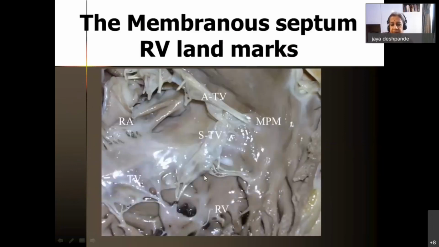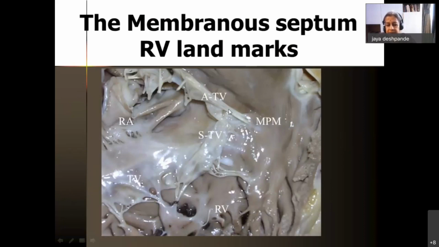Now, if you look at the right ventricle, this is the opened out right ventricle, the right atrium. Where exactly is this membranous septum situated and what are its landmarks? The membranous septum is covered by the septal tricuspid leaflet. So it's at the junction of the septal and the anterior tricuspid leaflet right here.